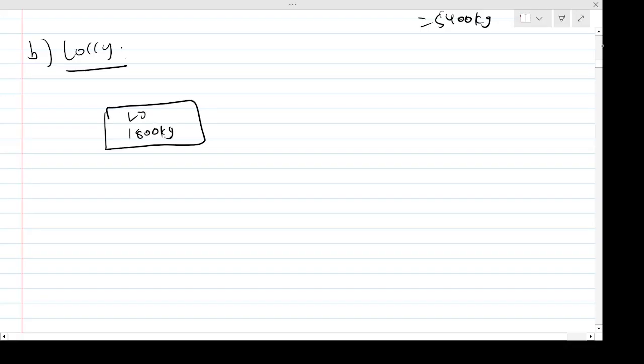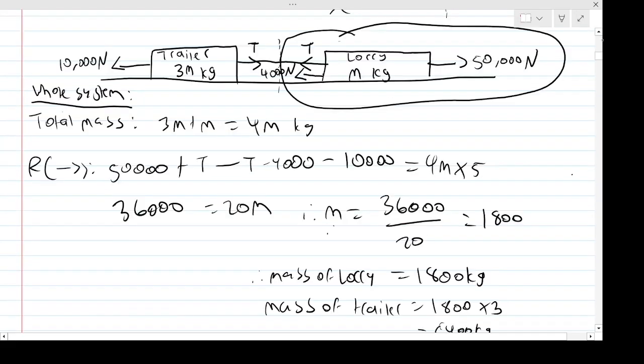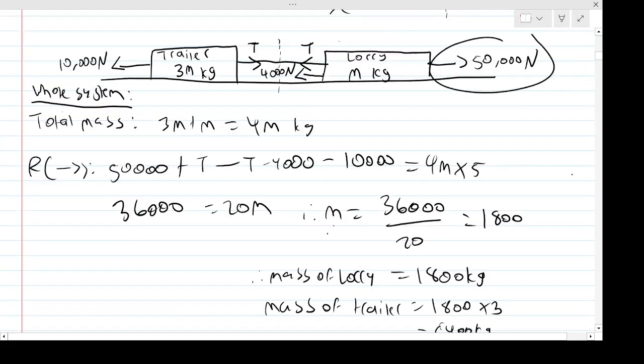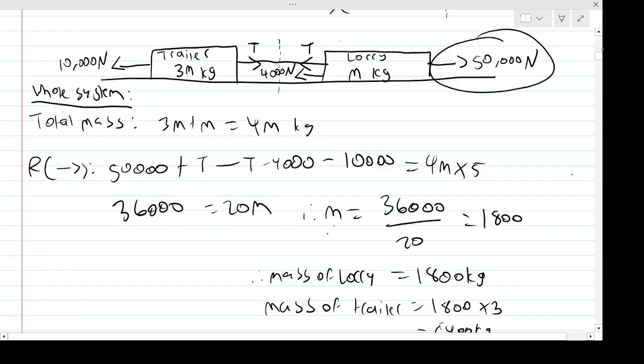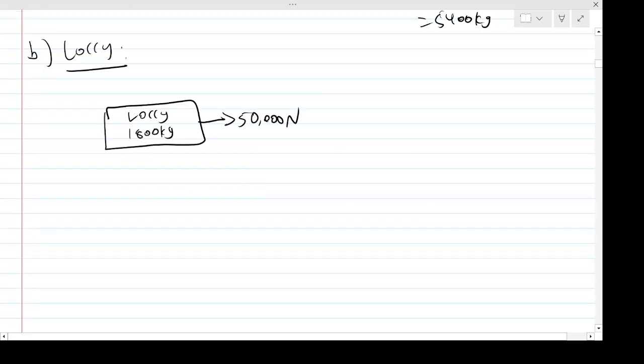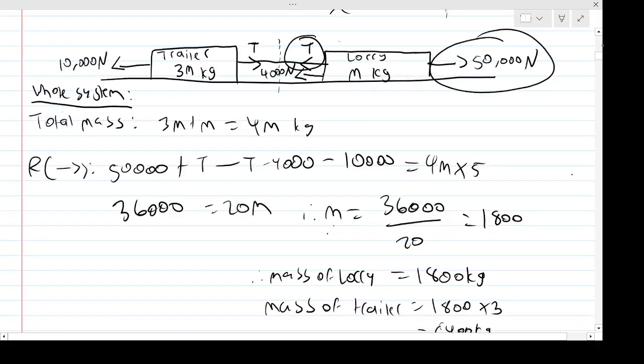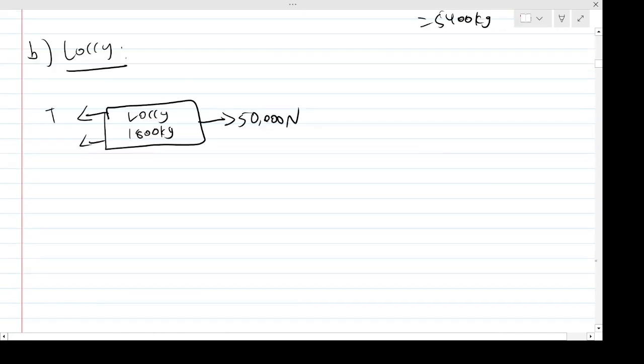Okay, and the forces on the lorry, well, it's being pulled forward by 50,000. And it's being pulled back by two forces actually. Firstly, the tension that's pulling it backwards in the rope, and also this other resistance force of 4,000 newtons, perhaps due to friction or something like that, right? So that's the whole system we're dealing with, and it's accelerating forwards by 5.